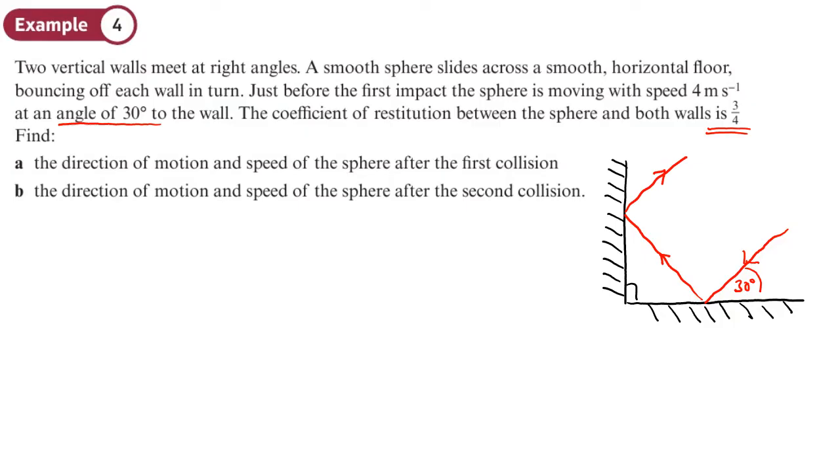It's only a sketch, and we've got the speed here as 4 meters per second. So we're going to call this V and this angle here beta. So we're now ready to start part A, the direction of motion and speed of the sphere after the first collision. So we'll need to work out the components.